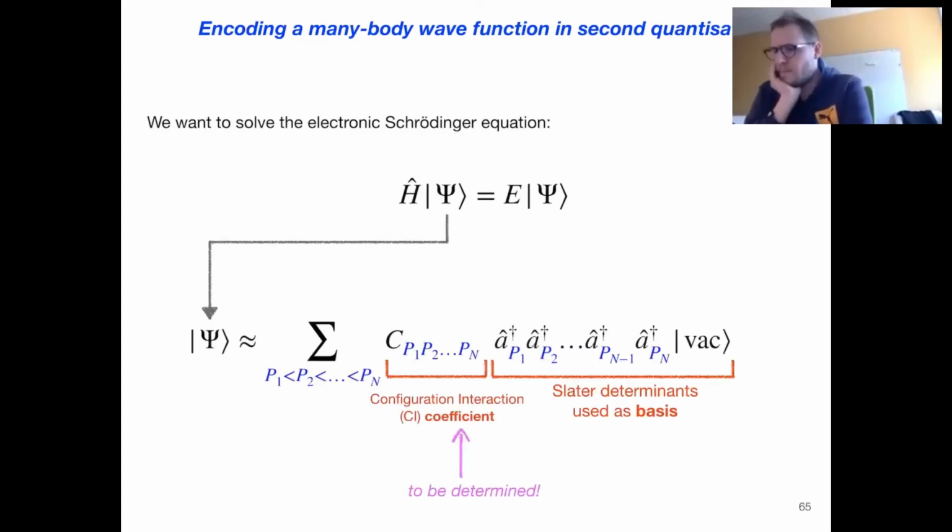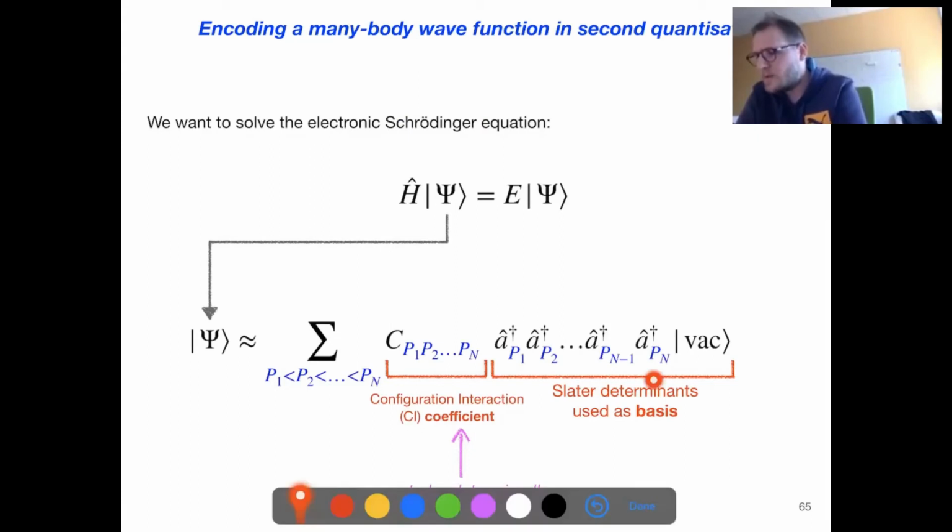So how does it work? In general, we expand the wave function. Of course, we don't have access to the exact wave function, but we try to get as close as possible. So we create Slater determinants, and now you know how they are written in second quantization. I sum over all kinds of spin orbitals because I can create all kinds of Slater determinants.